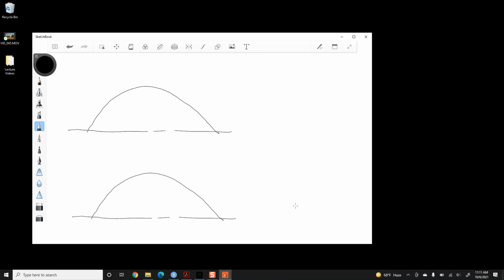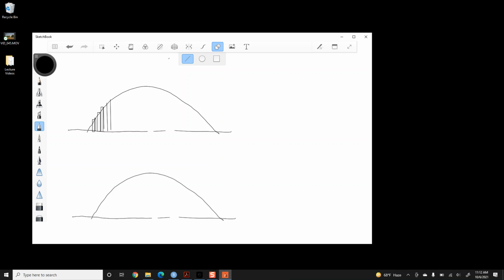For a Riemann sum, what you would do is take these rectangles of equal width and add their areas up. And you would take all of these rectangles, and they're all supposed to be of equal width.